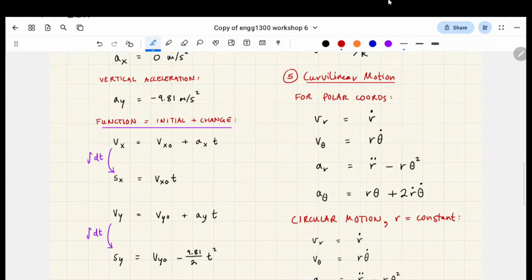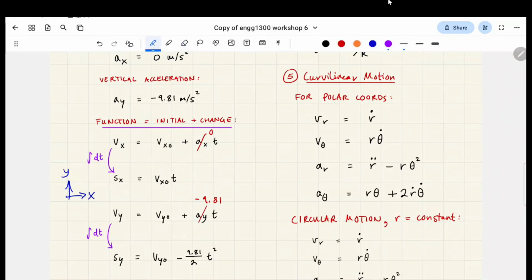But for the horizontal one, we know that that's 0, so you can completely take out that component for horizontal. And for vertical, it's this way, assuming we're using this system. And when you integrate it, you can get the expression for displacement.